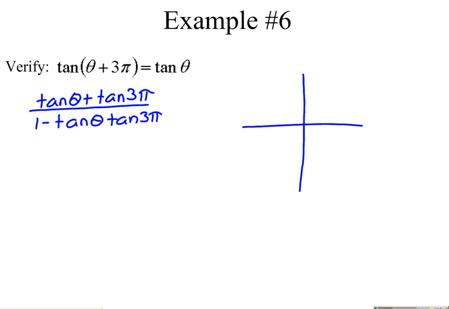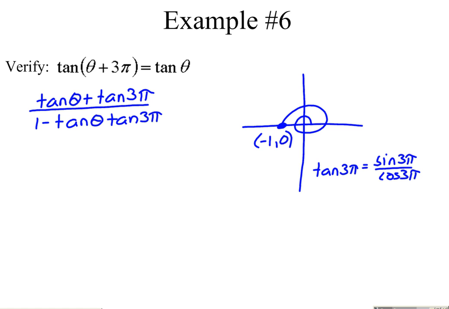Where's 3 pi at? Well, we go once all the way around, pi more, that's right here at the quadrantal angle, negative 1, 0. Tangent of that. Remember, tangent is sine over cosine. So the tangent of 3 pi is the sine of 3 pi over the cosine of 3 pi.